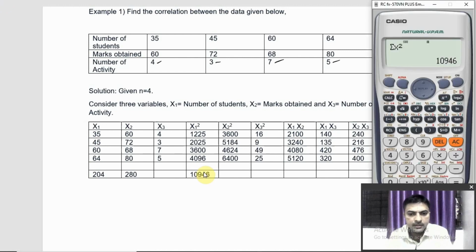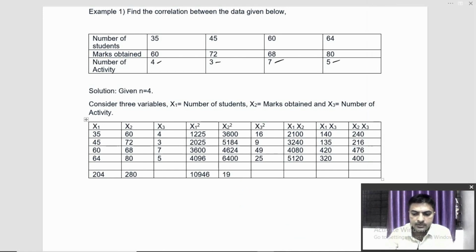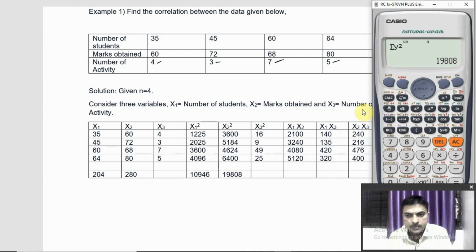Okay, similarly we go for x2 square. Okay, shift 1 3 and 3, summation x2 square. Here we get 19,808. Directly we'll take down here 19,808. Now we get only x1 and x2, so fine, no problem.